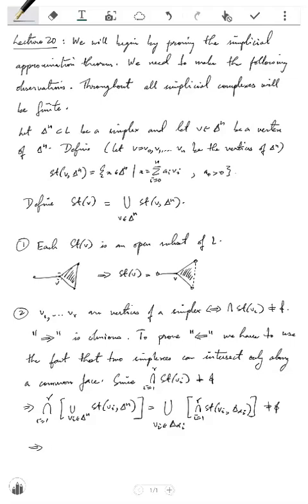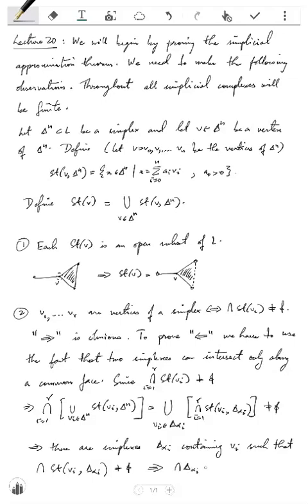So this implies there are simplexes delta alpha i containing v_i such that the intersection of the stars of v_i comma delta alpha i is non-empty. So in particular this implies that the intersection of the delta alpha i's is non-empty.